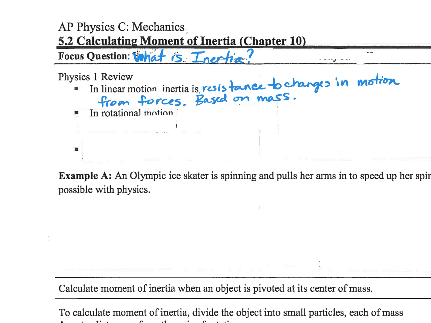Rotational motion. It is both mass and the shape. In other words, in rotational motion, inertia is resistance to rotation due to force.